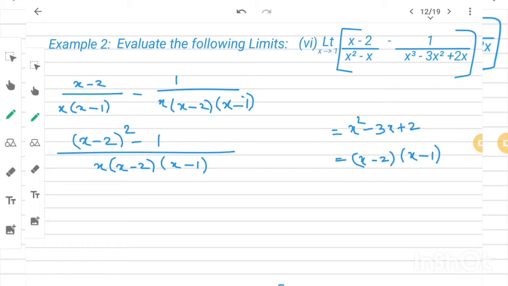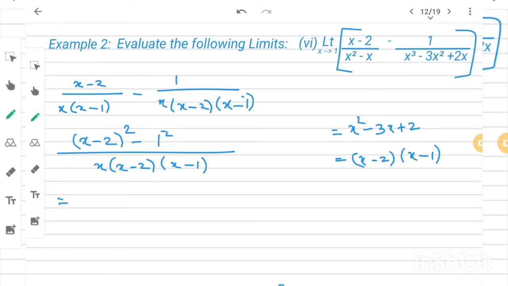Now x minus 2 the whole square is in one identity, that is a minus b the whole square. Shall we expand it? No. If you expand the term, you will get the quadratic equation, then we can't do further simplification, right? So please don't use that identity over here, but you can use a square minus b square.